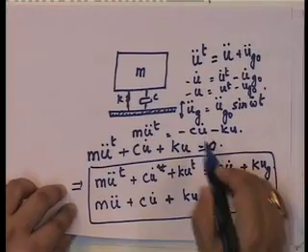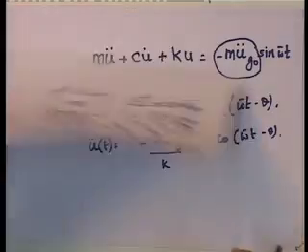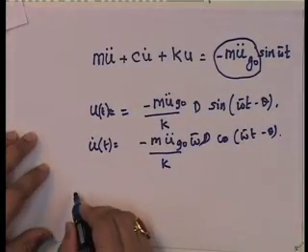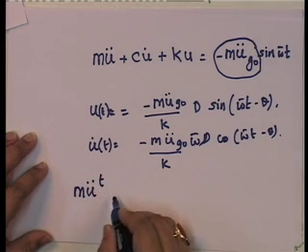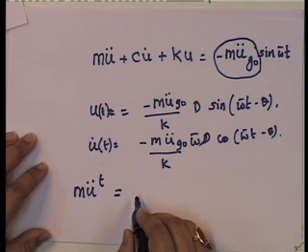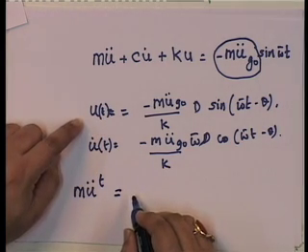So now let's look at this. In other words, we've got u dot and u, and all we have to find out is this. So therefore, m u double dot becomes equal to minus Cu dot.